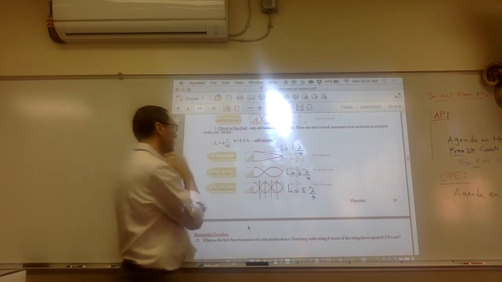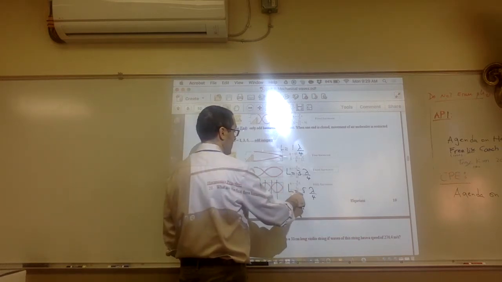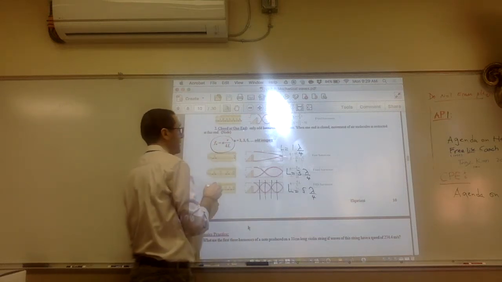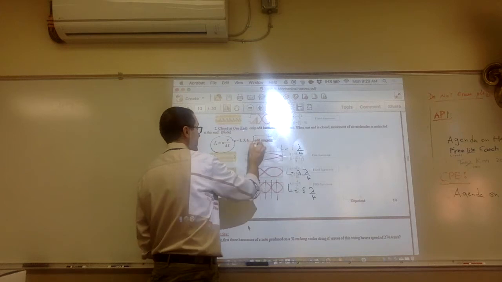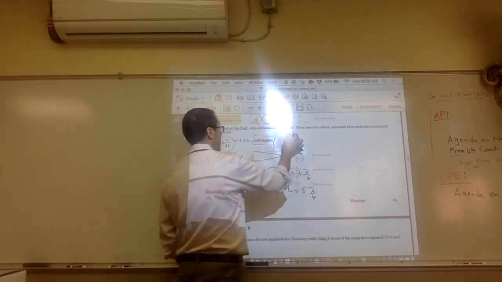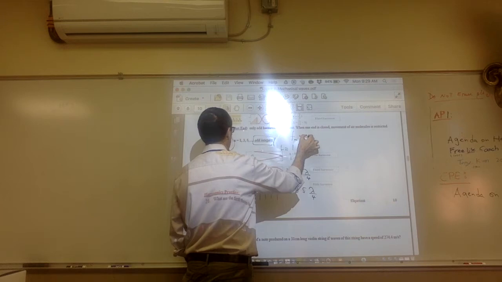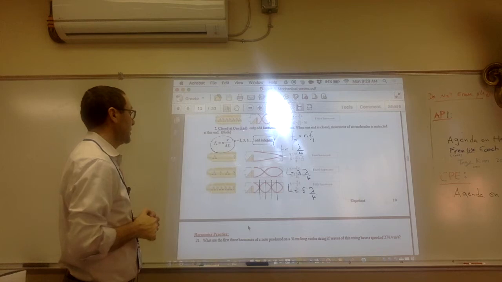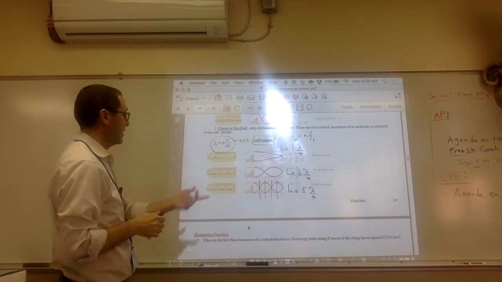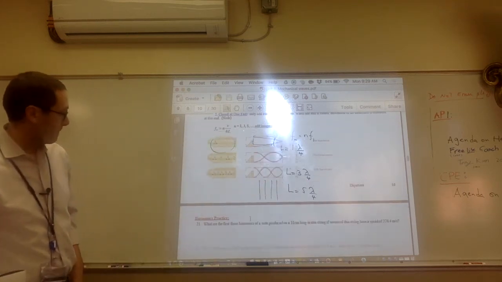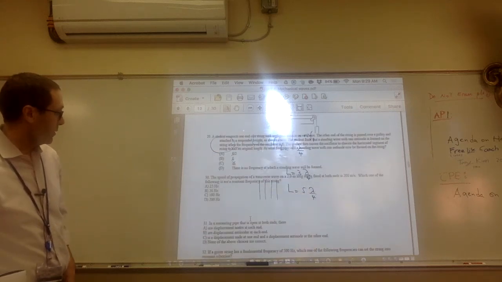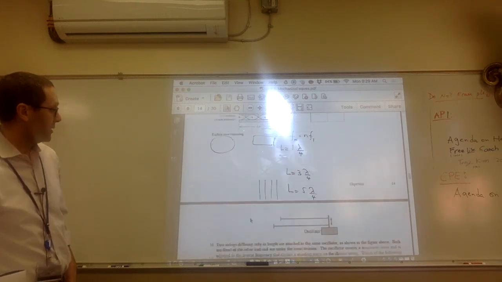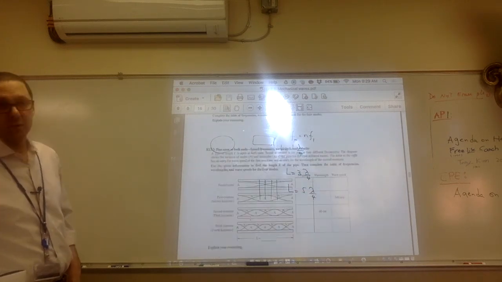If you follow the same proof as before, you're going to come up with this formula here. But n skips. It's only odd integers. So Fn is equal to n F1, but n has to skip. In other words, you can't talk about the second harmonic. You have to jump to the third and the fifth and the seventh, etc. And that's it for this. But there will be a lot of practice that we're going to do with this. All right. Thank you.